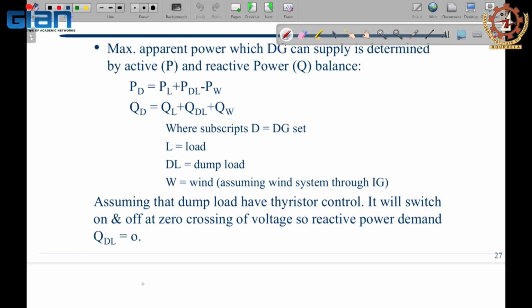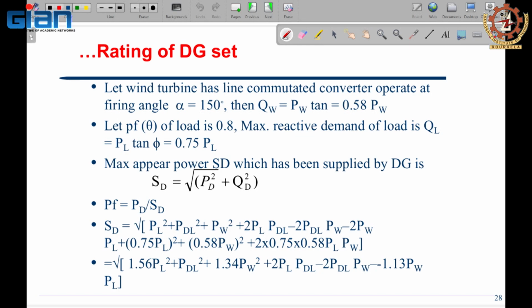Then of course you consider different factors: how much input you have, how much knowledge you have, that the wind turbine has converters, and at what firing angle they operate.